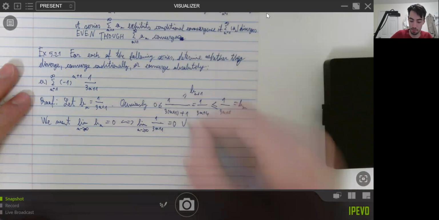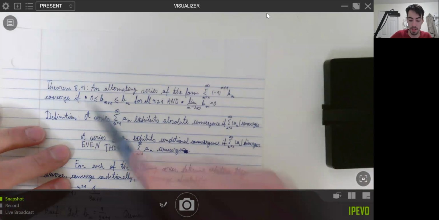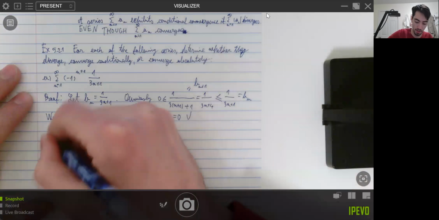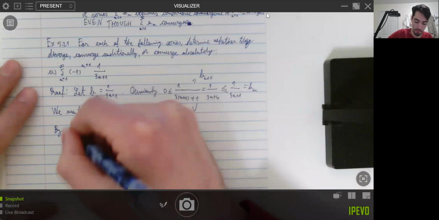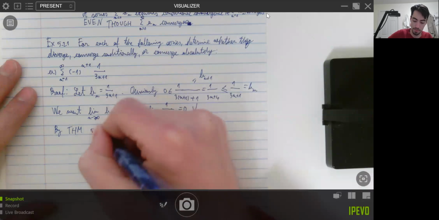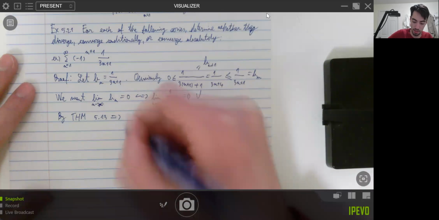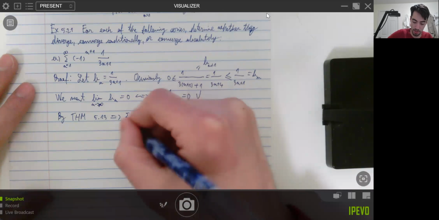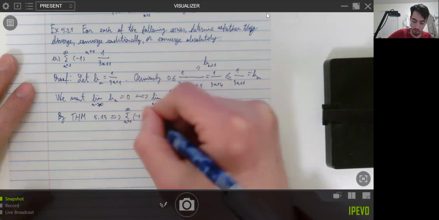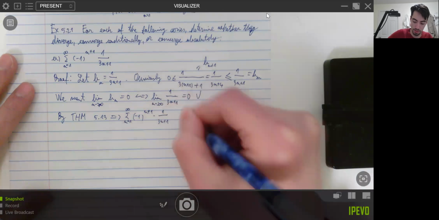So therefore, both the conditions in theorem 5.13 are met. So because of that, by theorem 5.13, we know that the series sum from n equals 1 to infinity of (-1)^(n+1) times 1 over 3n+1 converges.